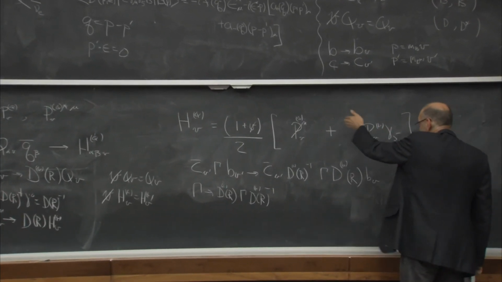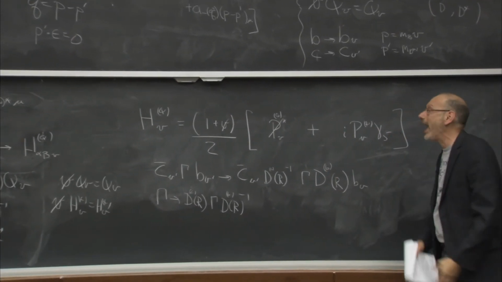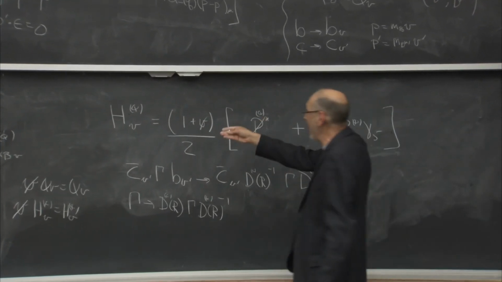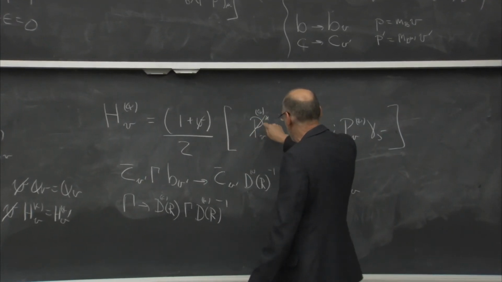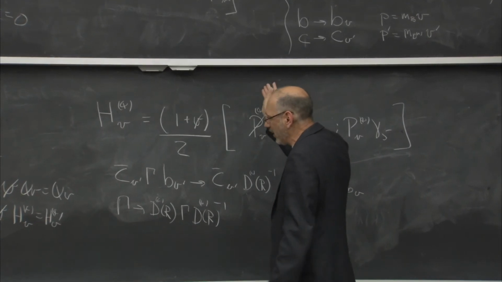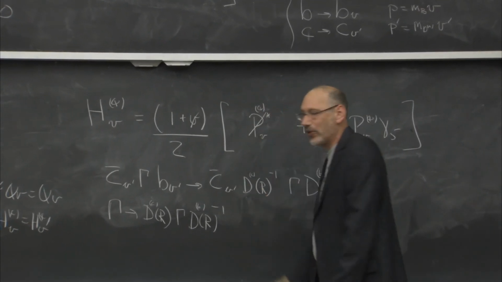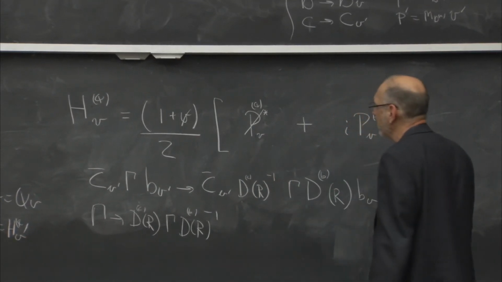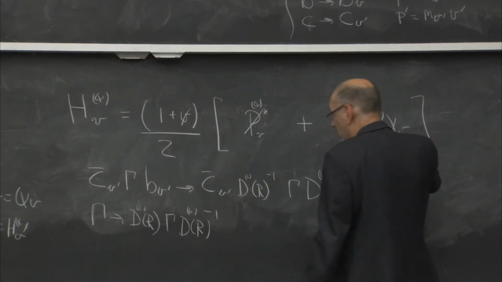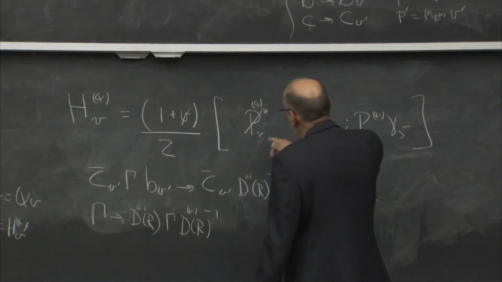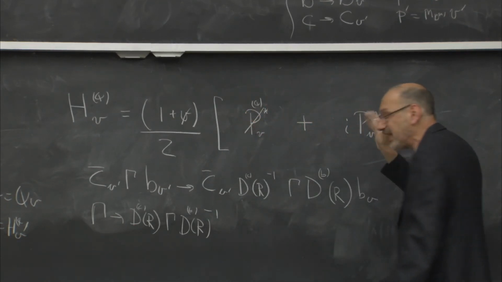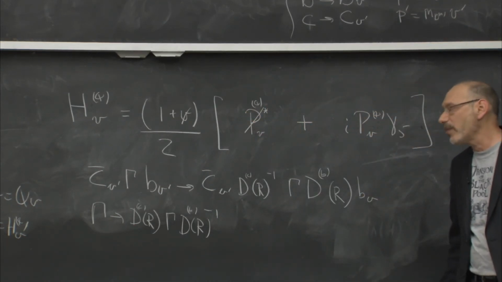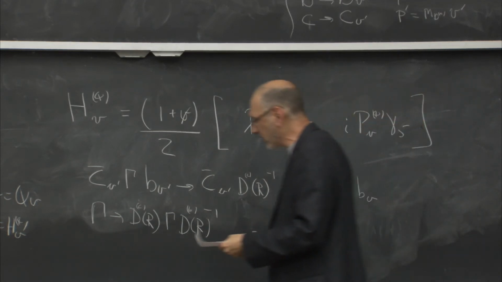And when it hits the B meson state, it just gives me a 1. And for the final state, if it's a D star matrix element, I'll put the D star here. And when it creates the final state, it just gives me the polarization vector for this. And then I'll put the D to 0 for that matrix element. And for the matrix element involving the D, I'll set this to 0 and put the D here, and it gives me a 1. So that's how I'm going to do the group theory for those matrix elements.